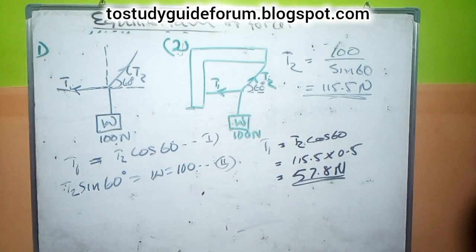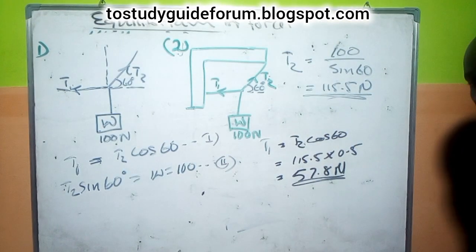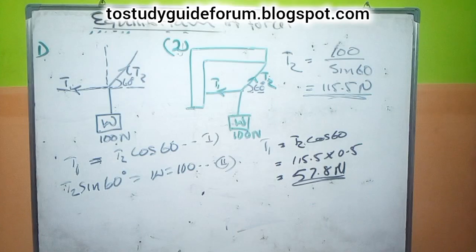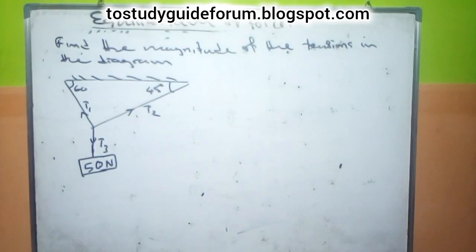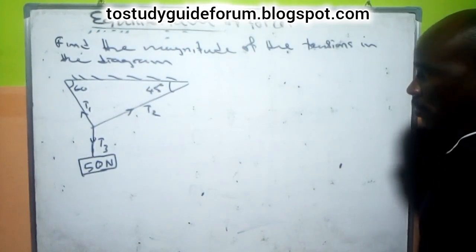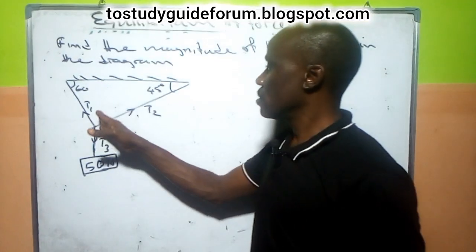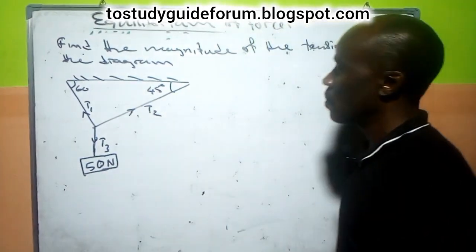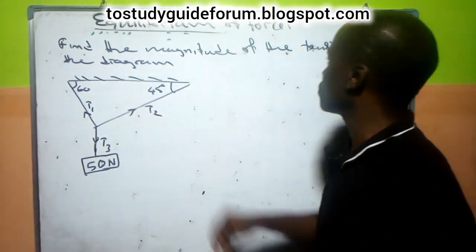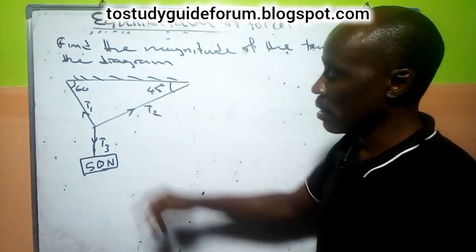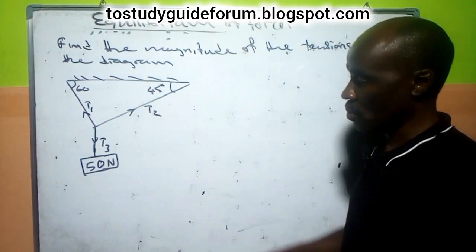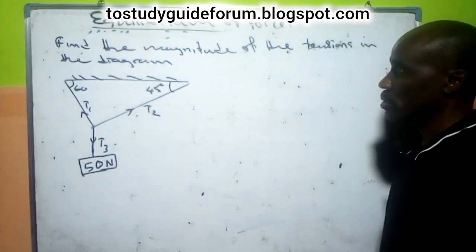So the next question, we're going to be looking at another question. We have to find T1 and T2, and T3 is already there because it should be equal to this. So what do we do here?